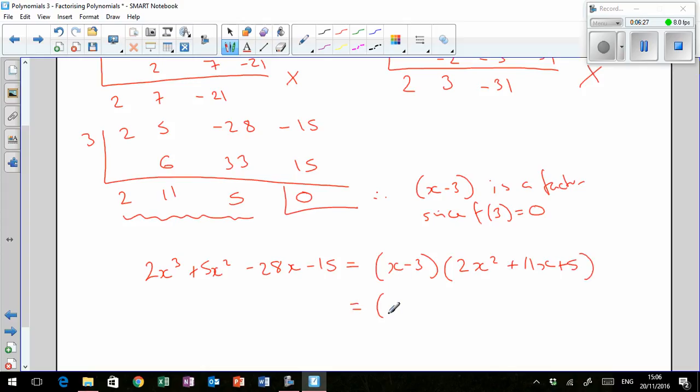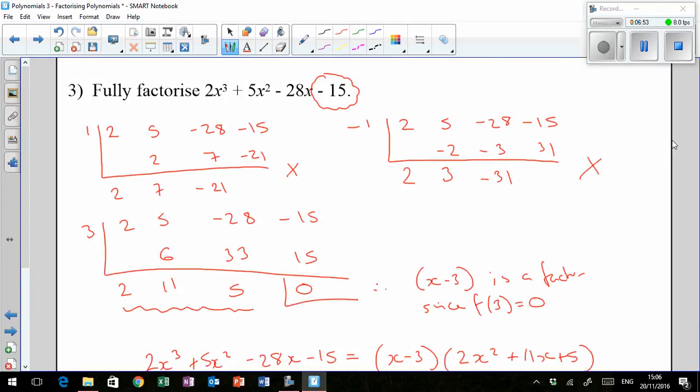Then you factorise it fully by having a look at your trinomial, and it may not always factorise, but if it doesn't, you'll have to prove it using your discriminant. That's factorisation. Now that one can be a bit annoying in that you might spend a bit of time on it, but it's just using your factors until you get that first factor, and then you've cracked it. Okay, thank you very much.